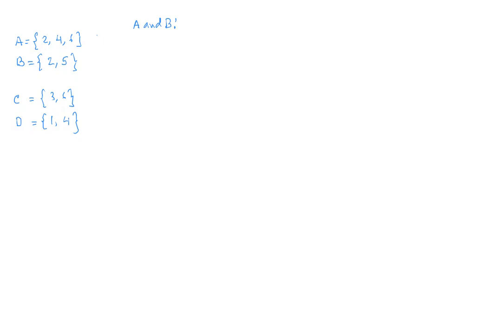We can show it in a couple of ways. A intersection B, if it is non-empty, that means not 0, then they are not disjoint. Whereas if it is empty, it's disjoint. So let's find A intersection B. What is A intersection B in this context?